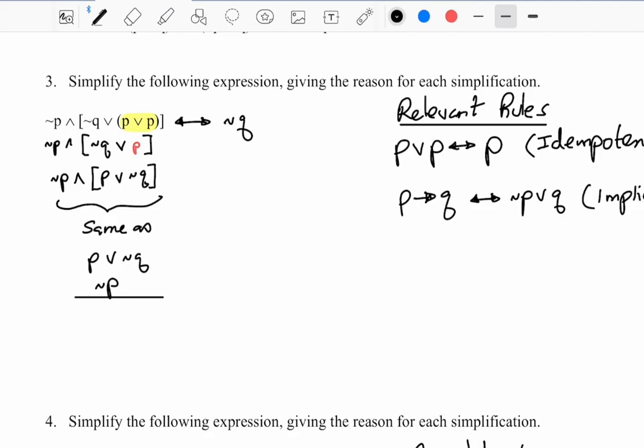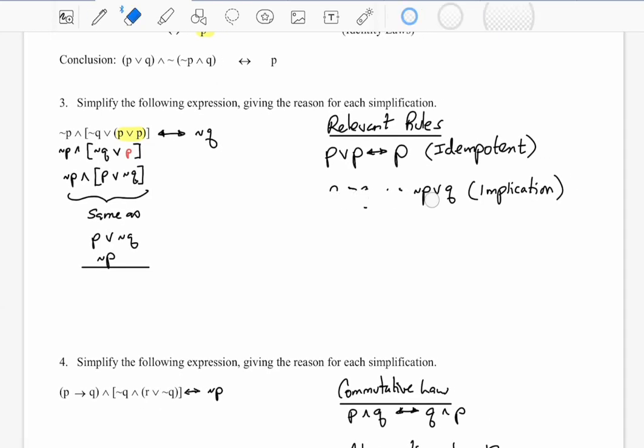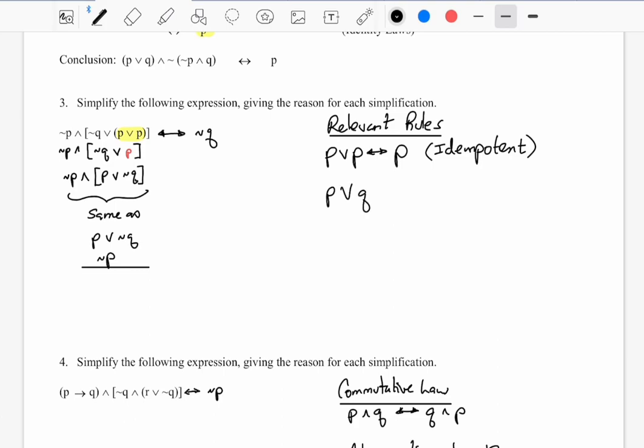All right. So, like I said, this law would have worked, but it makes things more complicated. All right. So, if I say P or Q and not P, the result would be equivalent to Q. That's the law of disjunctive inference.